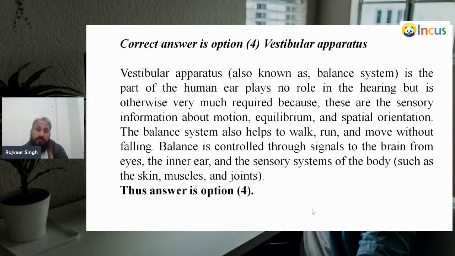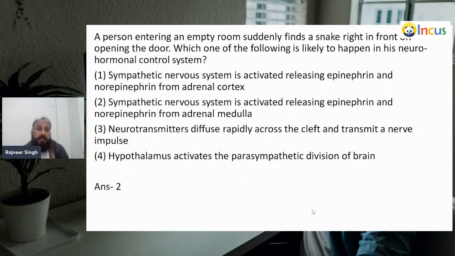The balance system also helps us walk, run, and move without falling. Balance is controlled through signals to the brain from the eyes, the inner ear, and the sensory system of the body, such as the skin, muscles, and joints. So our answer will be the fourth, vestibular apparatus.